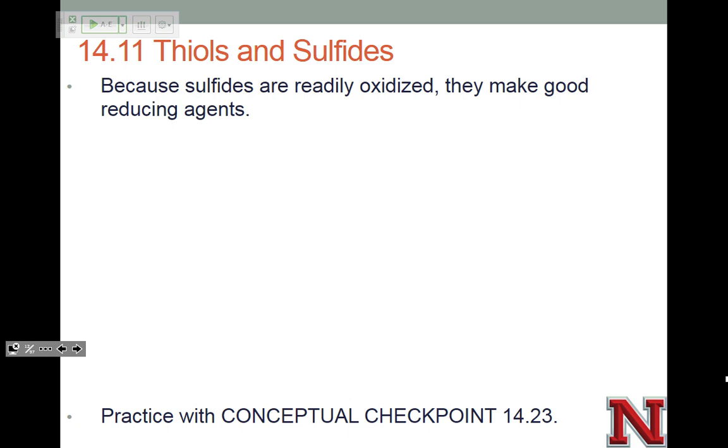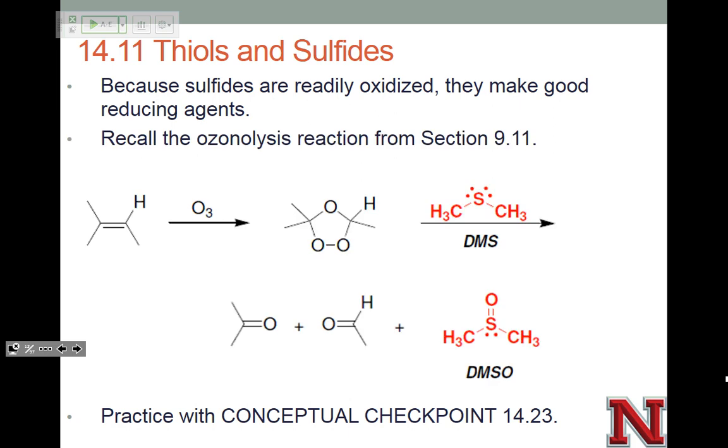So like I said, these are used in common reagents a lot. Not so much, we're not usually trying in synthesis to make a sulfoxide or a sulfone. It's more the fact that our sulfides can be readily oxidized that makes them very good reducing agents. So for example, we've looked at ozonolysis, and we've talked about the fact that once we react O3, we'll usually throw in DMS.